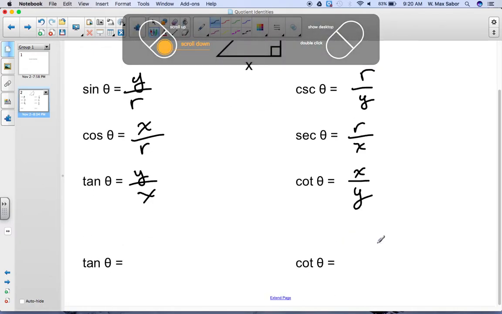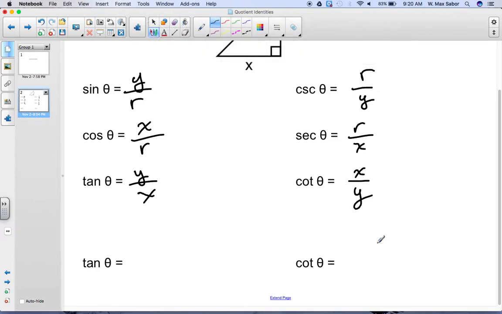So, what if we wanted to write tangent in terms of two other functions? Well, the idea that we could say is if we take our y over x and in both pieces divide by r, we can divide the numerator and denominator by the same thing.